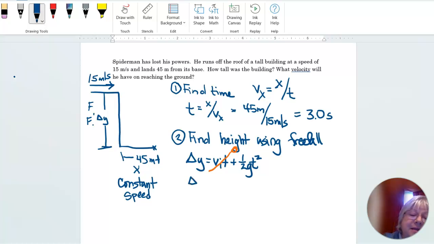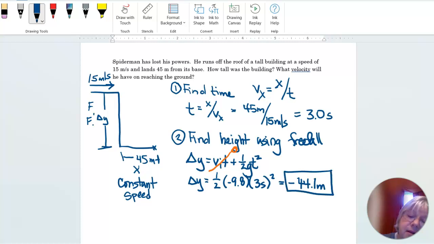So I can say my delta Y equals 1/2 gravity times my time squared. And when I hit that into my calculator, I get negative 44.1 meters. Okay, and that's the height of the building. That makes sense. It's a pretty high building. He landed pretty far away, so it should make sense that it would be pretty tall.